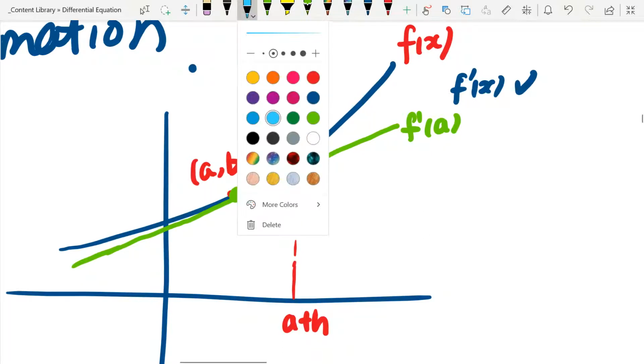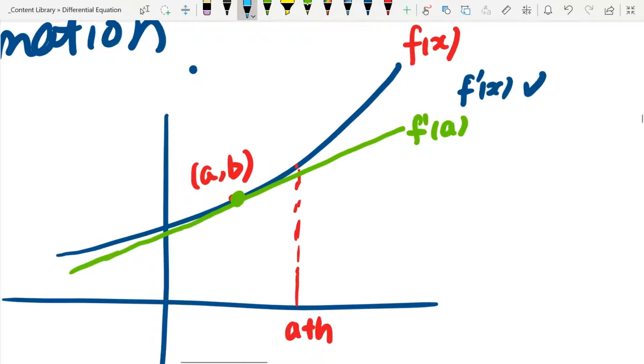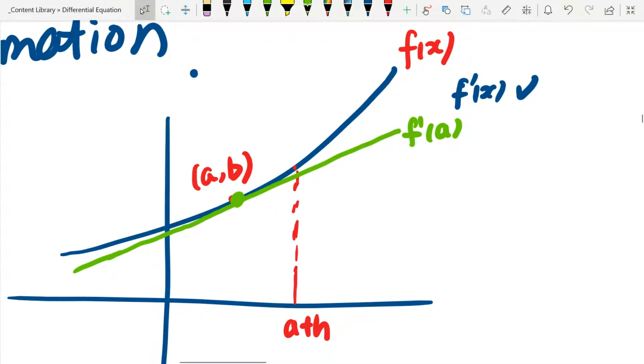So what is my estimation? I want to know the y value here, but I use this value to say it's approximately equal to the top one. The point on the tangent line, I use this value to approximate this point here. So they are very close.